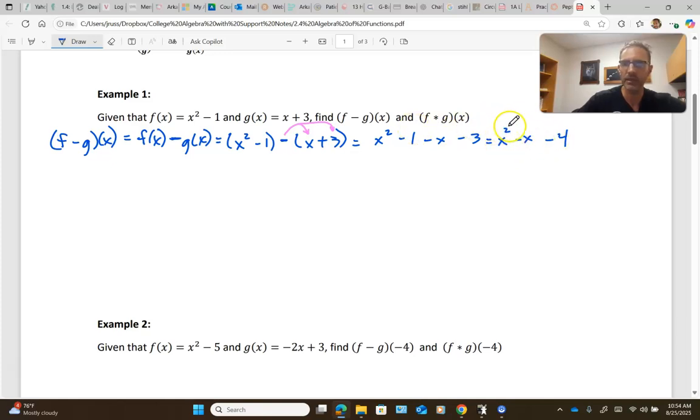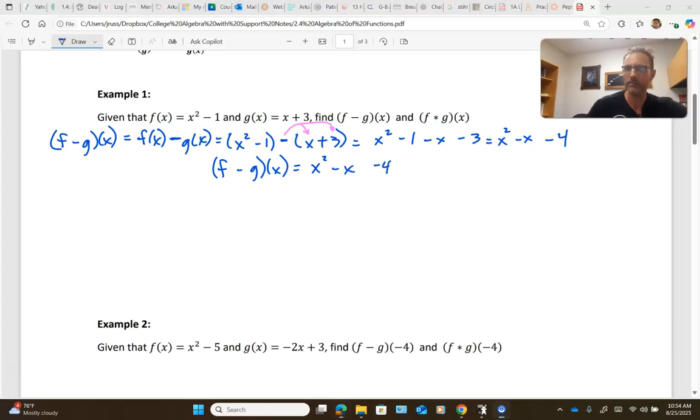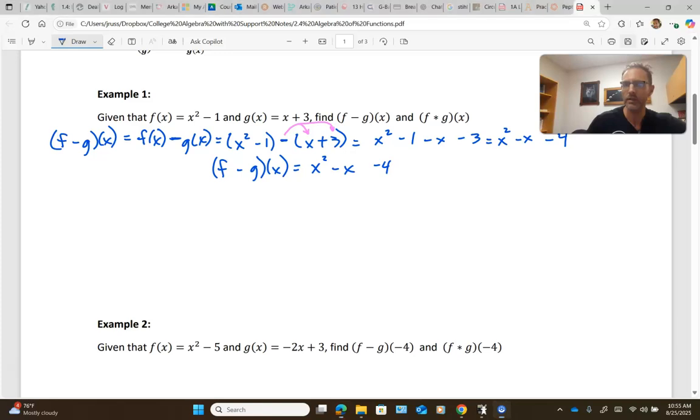This ends up giving us another quadratic function. And I'm going to just restate this real quick, that f minus g of x is equal to this new quadratic function that we came up with. Okay. So thinking about the lemonade stand example, when you subtract the cost function from the revenue function, you're left with the profit function.